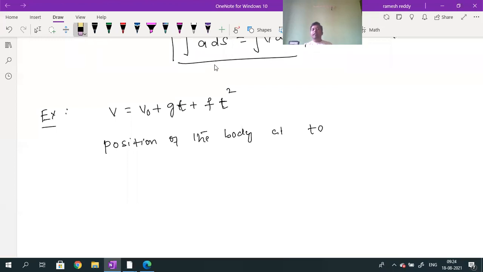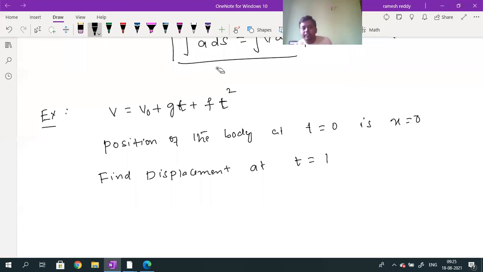The position of the body at t is equal to 0 is x is equal to 0. Find the displacement of the body at t is equal to 1 second.